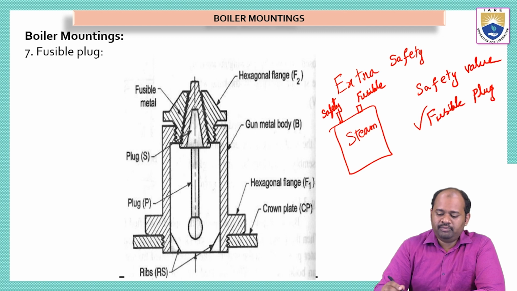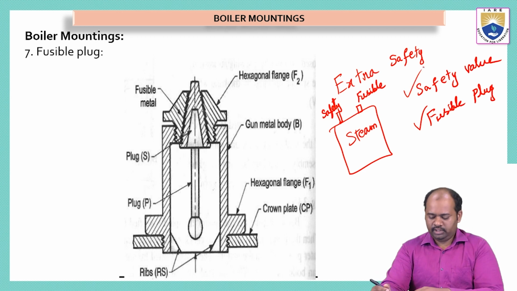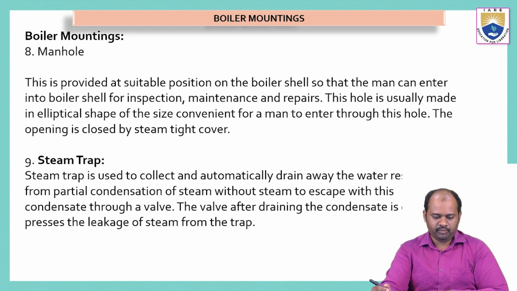The safety valve is not like that. The safety valve is designed to remove the pressure from the pressure cooker or a boiler, whereas the fusible plug is for extra safety and has to be replaced once it is blown off. So this is the difference between a fusible plug and a safety valve.